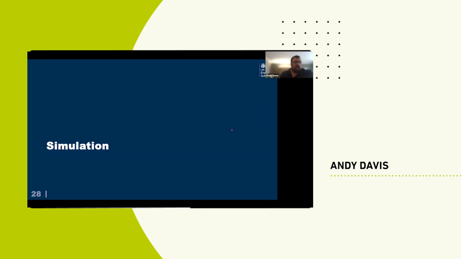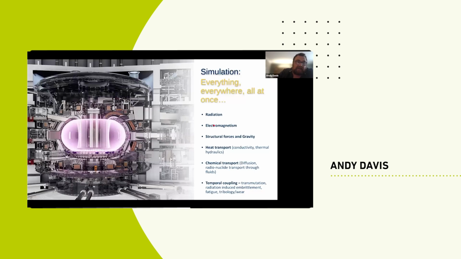So I'll talk now a bit on simulation. This is really kind of the bread and butter of the talk, is why simulation is so important to us. So really you can summarize our simulation challenge as we need to simulate everything, everywhere, all at once. So many of the fields that arise in a tokamak, so the plasma, which sits in the middle of the device, produces radiation. It produces neutrons. Those neutrons bounce around.